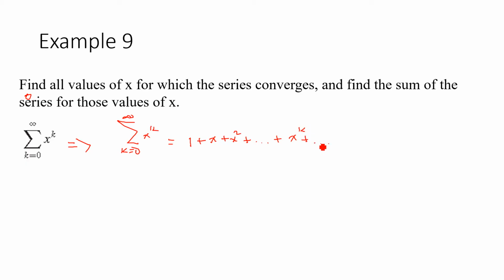So in this case, we can see that it is a geometric series. Our first term is 1, and of course our r would be x. That's the common ratio.